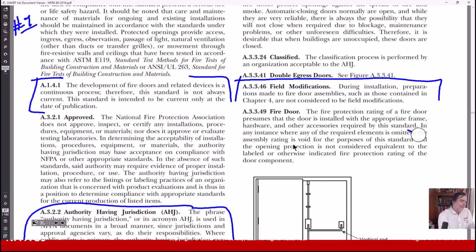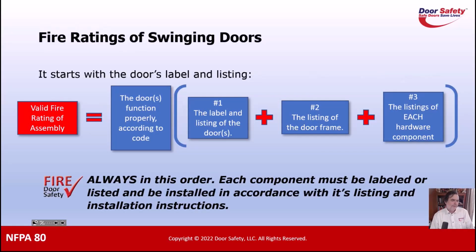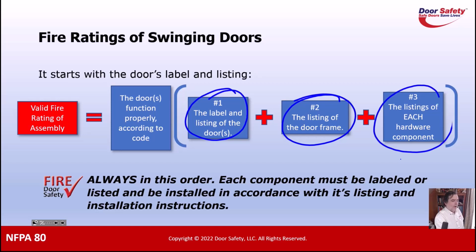Do you remember that funny looking slide? This slide. We looked at this the other day. It all starts with the door. The listing of the door, the labeling, the fire rating of the door, how it needs to be installed, the listing of the door frame, the listing of all the hardware, all of that has to work together as a system.